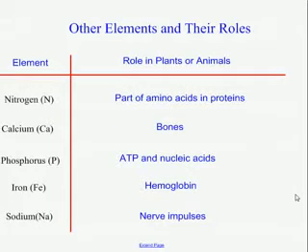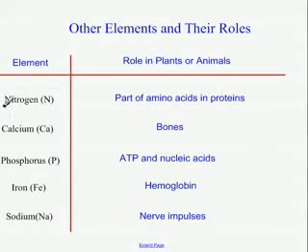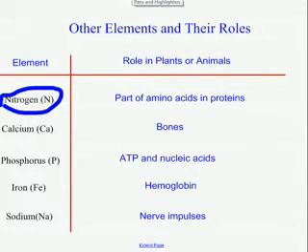All I want to mention today is a few of the other elements that make some appearances there. So carbon, hydrogen, and oxygen are the major ones we'll deal with. But there's a few other elements, and I'd like you to copy this down and to know examples of where they're found. So nitrogen. Nitrogen is found a lot in proteins.